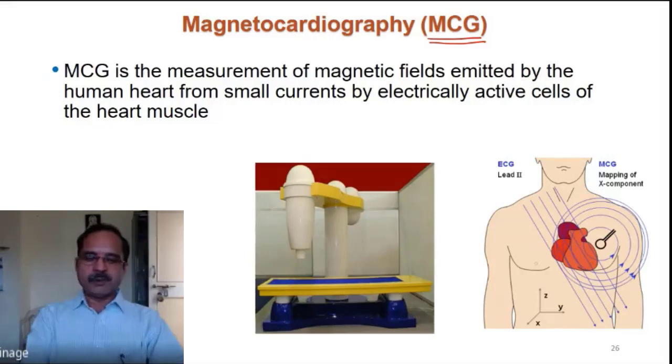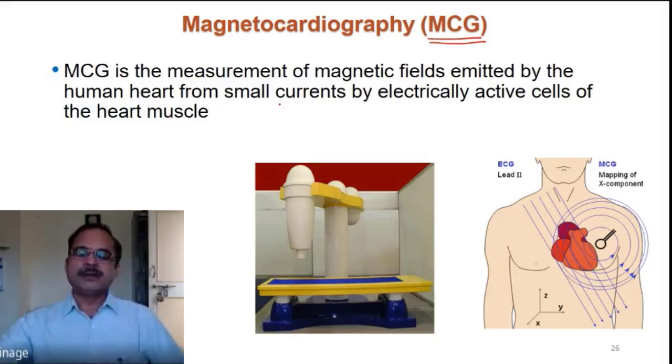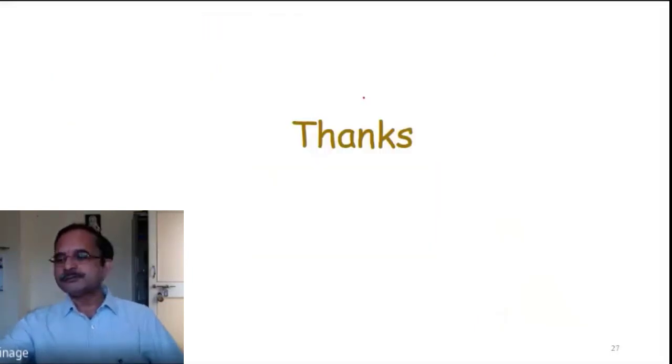So the magnetic field related to the currents flowing in the electrically active cells of the heart muscle, the measurement of that magnetic field, is MCG, magnetocardiography.